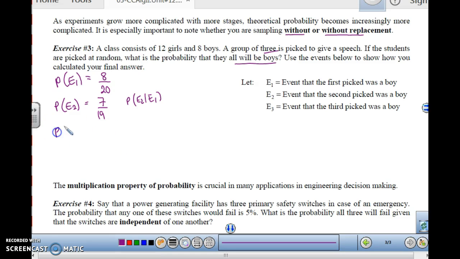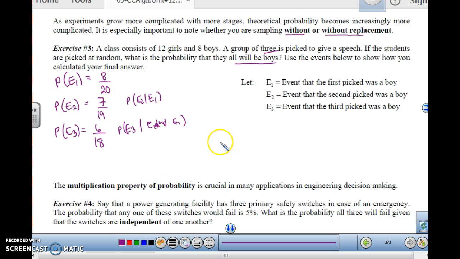And then the probability of getting the third boy: the 2 boys have been picked already, so now there's only 6 boys and a total of 18 students to choose from. So this one is the probability of E3 given that you had E2 and E1. So there's your 3 probabilities.